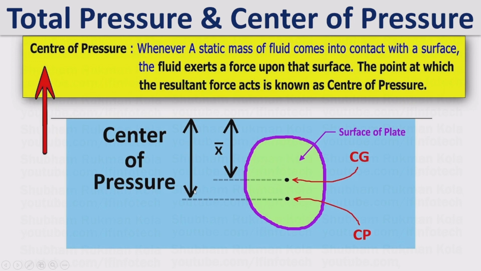In the further sessions I am going to discuss the expressions for finding the total pressure and center of pressure for horizontal, vertical, and inclined plane surfaces and curved surfaces. For all four, how the expression is to be derived for the particular surface, I will discuss in the further sessions.